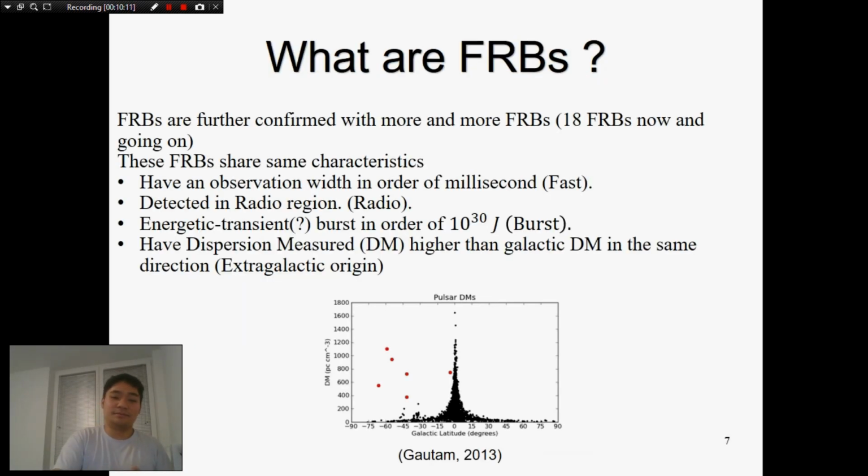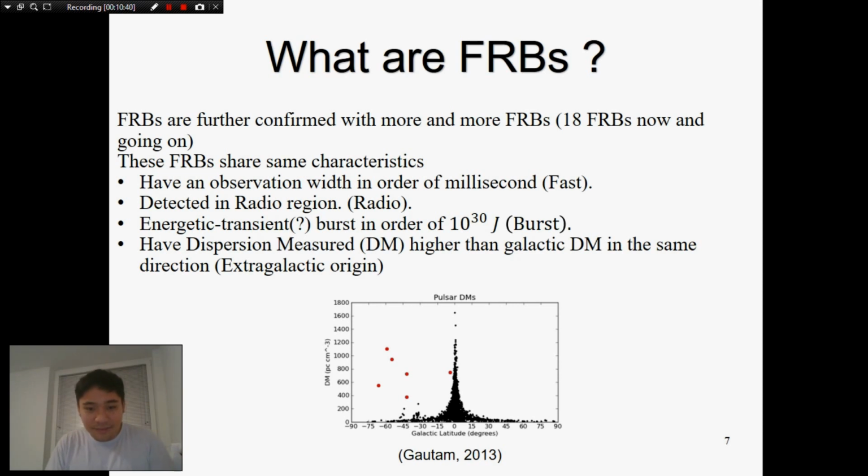All right, fine so far. So what are FRBs? The definition of FRBs is okay. We got an observation peak on the order of a millisecond, so we call it fast. It is only detected in radio wavelength, so we call that radio. And this is an energetic event, so we call it a burst.